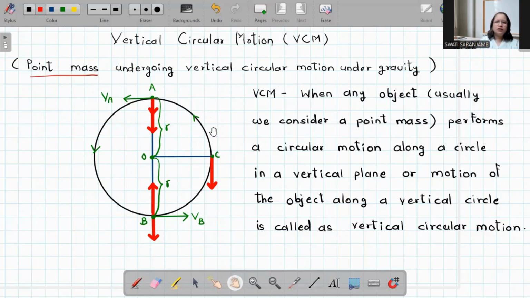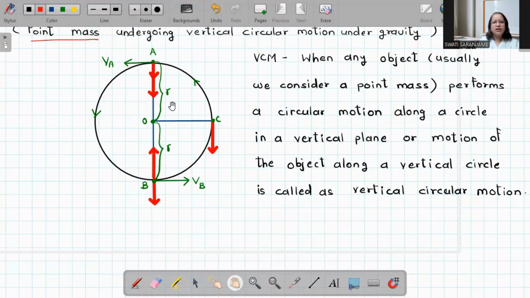For this, we are considering that the object is performing this vertical circular motion in anti-clockwise sense. So that can be shown on the diagram as I have drawn it already.